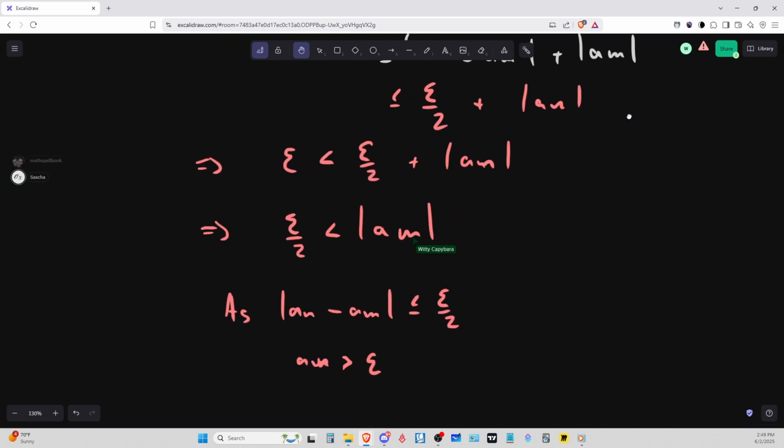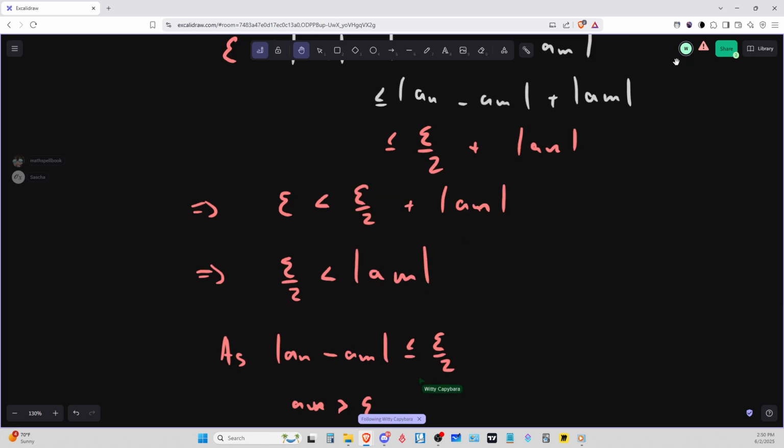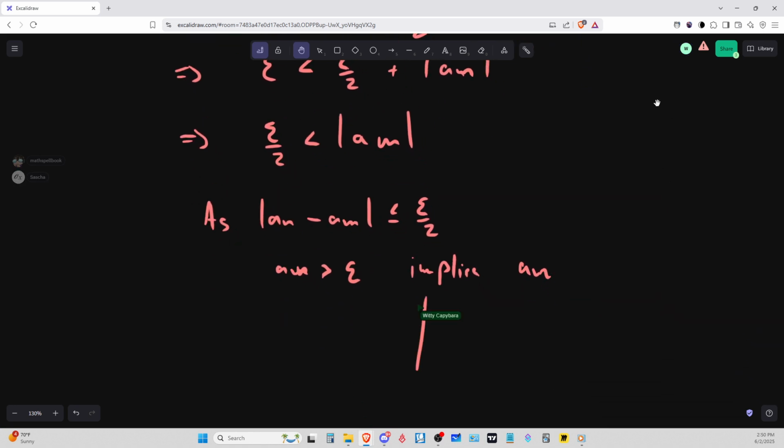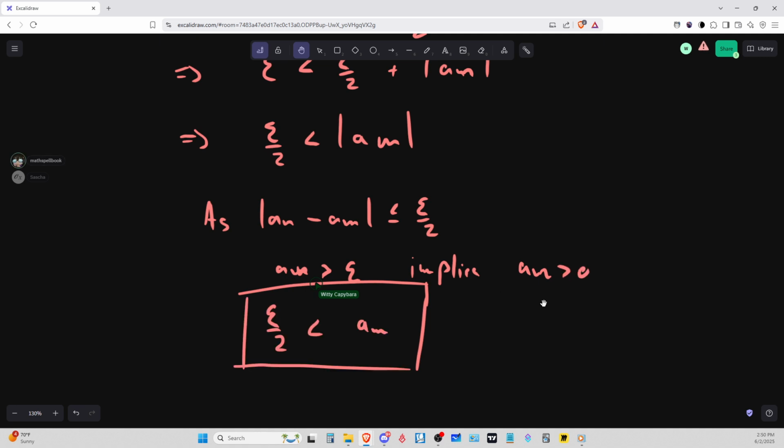We actually have that AM is also positive, and that epsilon over 2 is less than AM, right? Okay.